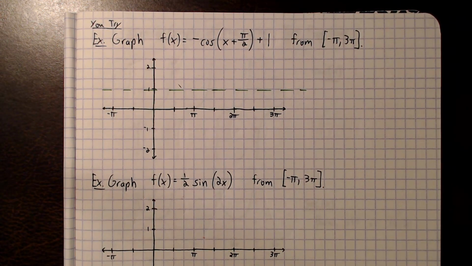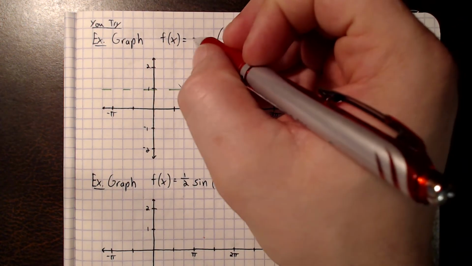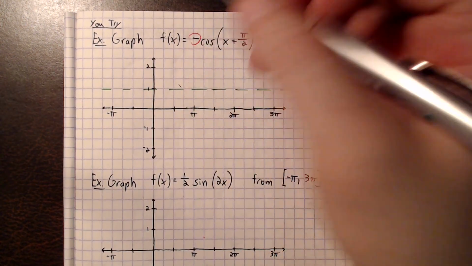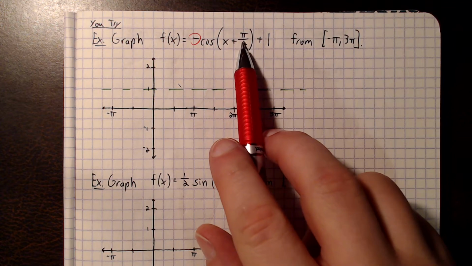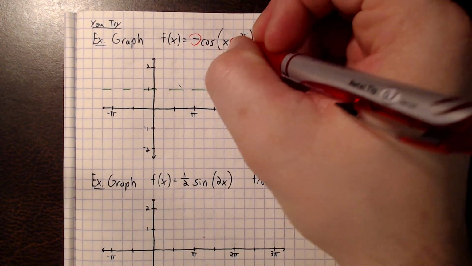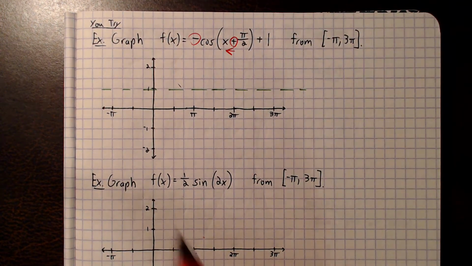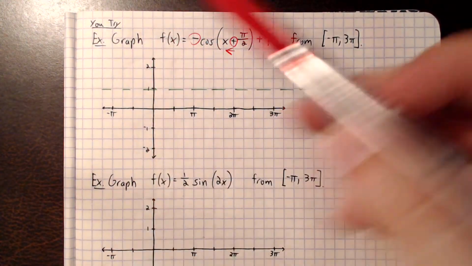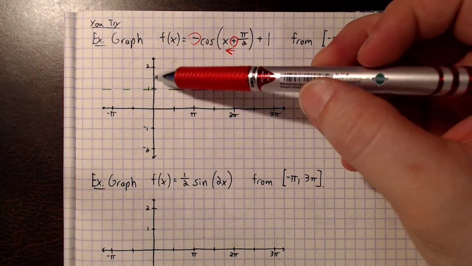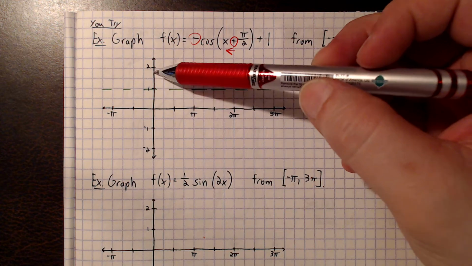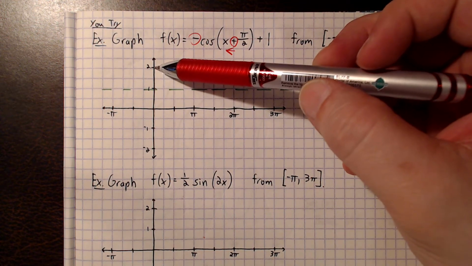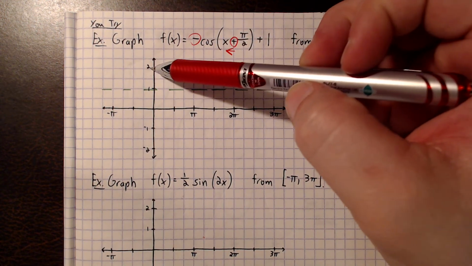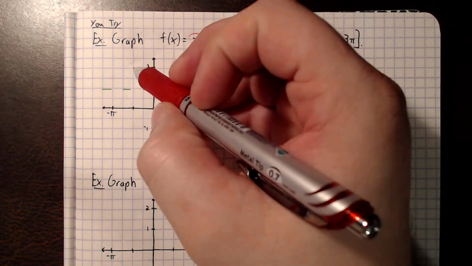Okay, and we have something else happening to it, right? We have direction change, right? Negative, it's going to flip. And our starting point is moving backwards half a pi. So normally, cosine's 1 above our average line, but we got to move it back half a pi. So I got to shift back here.